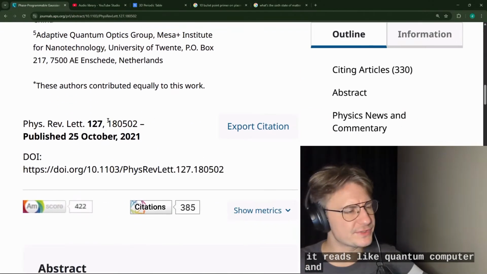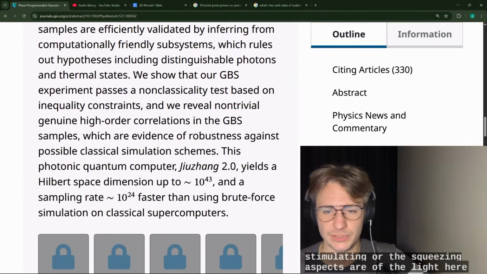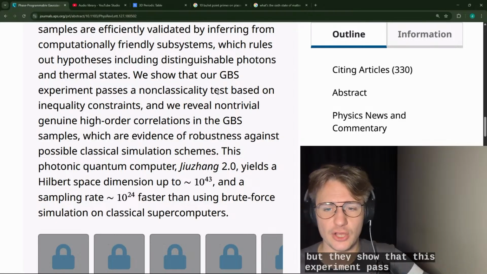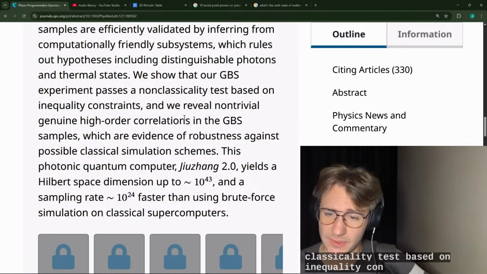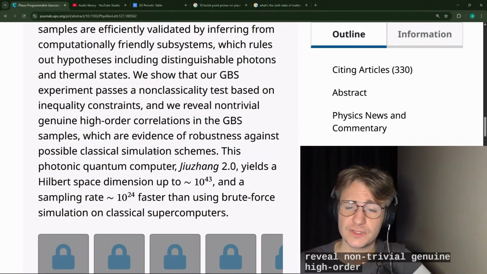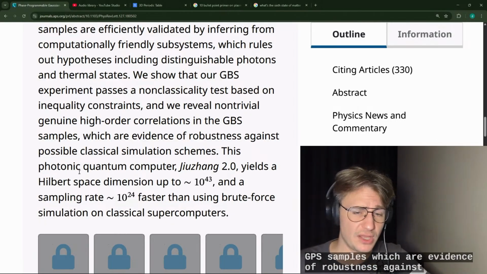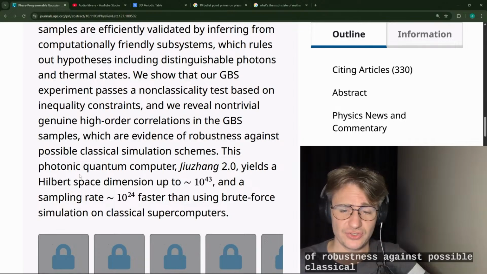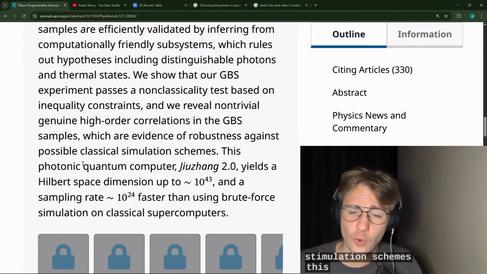And I'm not sure what the stimulating or the squeezing aspects are of the light here. But they show that this experiment passes a non-classicality test based on inequality constraints. And we reveal non-trivial, genuine, high-order correlations in the GBS samples, which are evidence of robustness against possible classical simulation schemes.